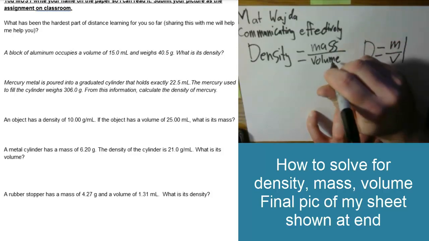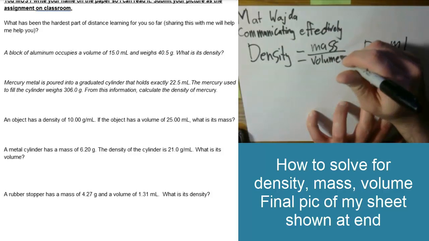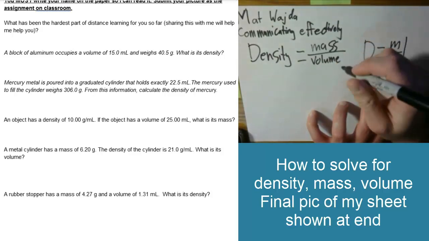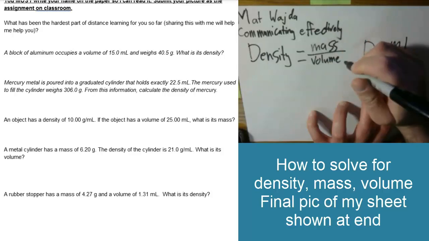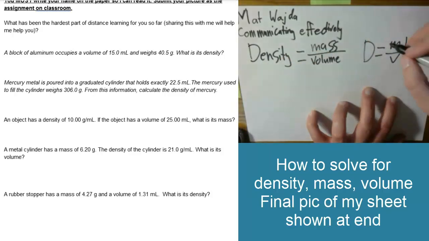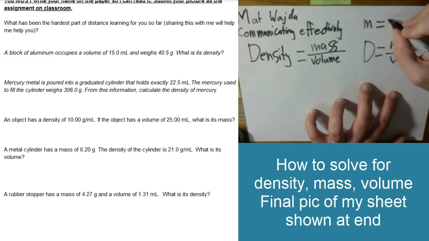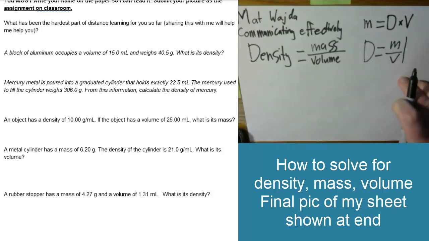So we need to move volume to the other side. Instead of dividing, because it's already divided here, we have to multiply. So that would be mass equals density times volume. So that means you also have M equals D times V.